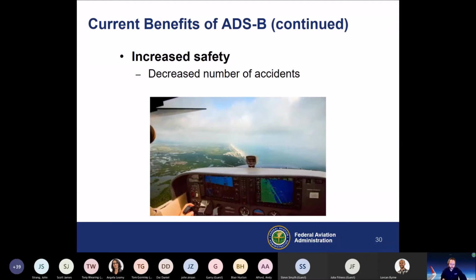So for this population of GA aircraft equipped with ADS-B in, the accident rate over a long time period was 44% less, which is really significant. We're talking about a significant number of reduced accidents, lives saved, and so on.